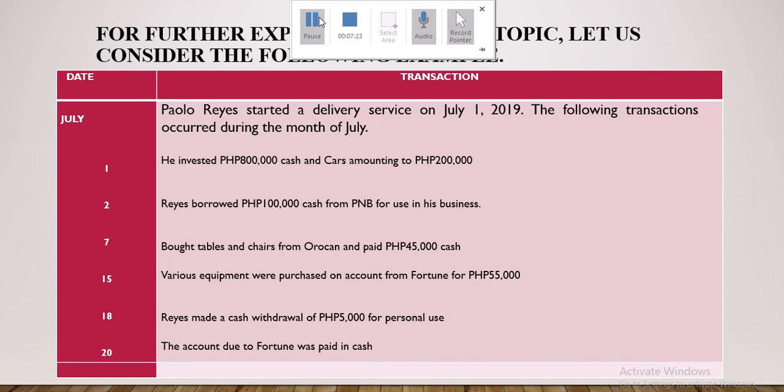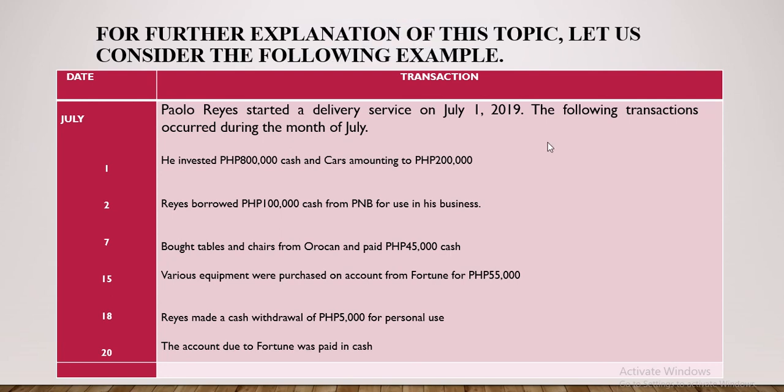So tandaan natin na noong July 15, nag-purchase si Paulo Reyes ng various equipment for 55,000. And on July 20, the account due for Fortune was paid in cash. So lahat ng 55,000 ay binayaran ni Paulo Reyes. Okay?